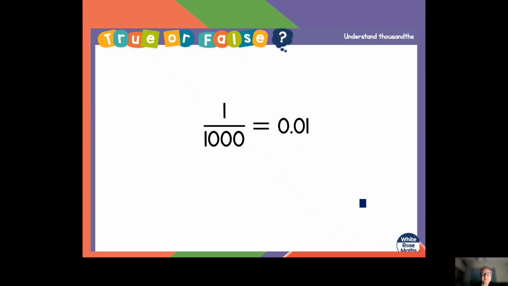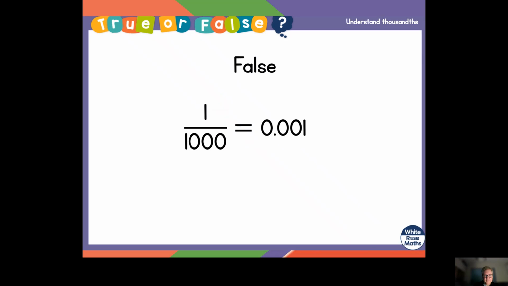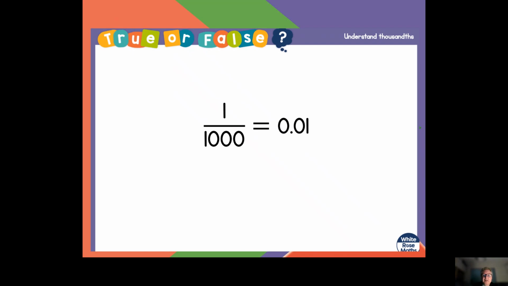So checkpoint. 1/1000th, is that the decimal representation? So work it out and do your reasoning. So it's false. Let's just go back. So what does this represent?